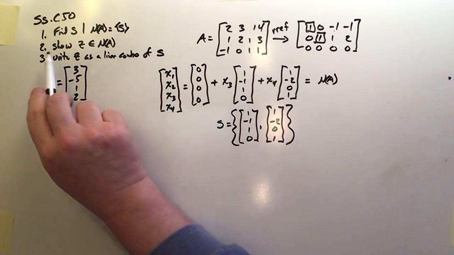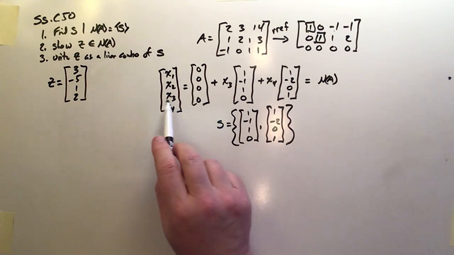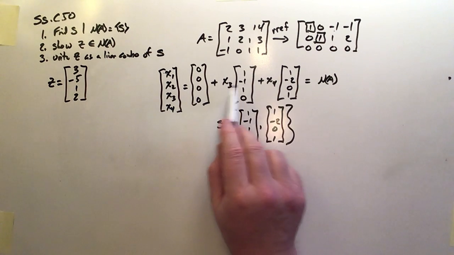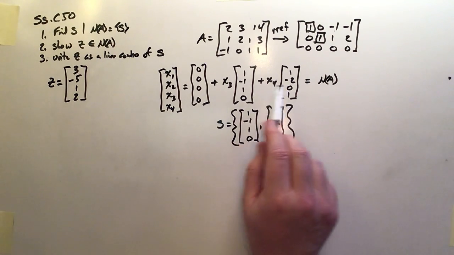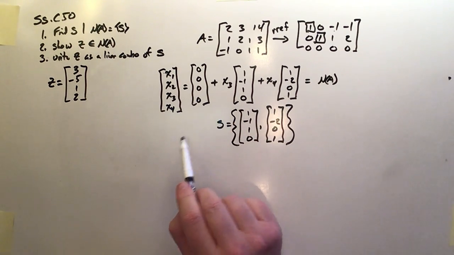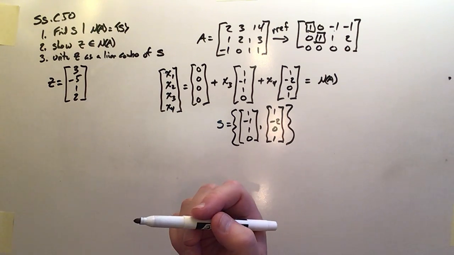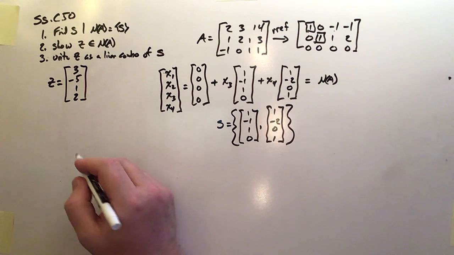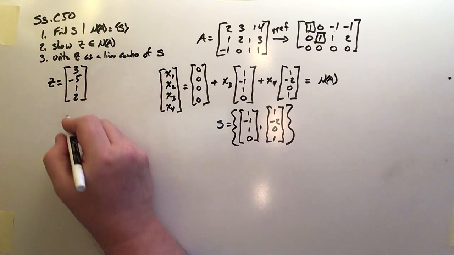And then now we show that Z is an element of N(A). In other words, can I build this particular solution out of some suitable combination of x3 and x4? So in order to do that, it's just x3 and x4 times each of the vectors in order to build this. So let's build that potential solution. Here's what it would look like. We'd have our solution set, x1, x2, x3, x4, already built.